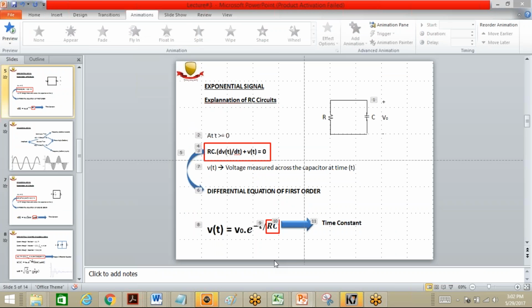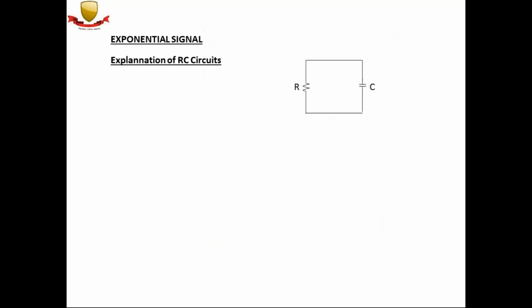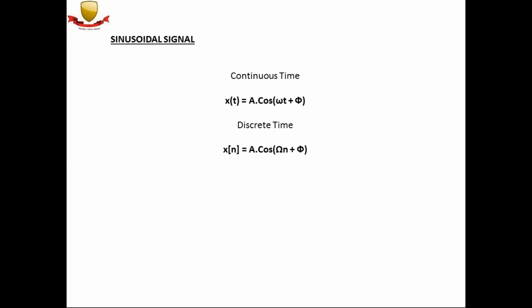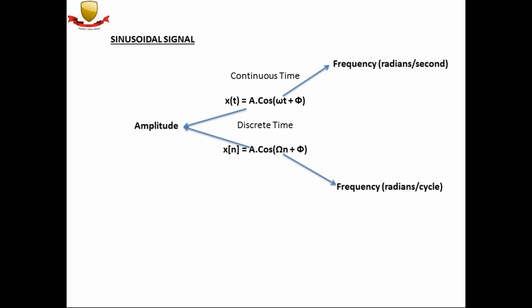Fine. Now let's move ahead. This is what I have just explained to you. Now something about sinusoidal signals. I'm sure some of you might have an idea about that. In terms of continuous time signals, these are written as x(t) equals A cos(omega t plus phi). And in case of discrete time, it is x[n] equals A cos(omega n plus phi), where A is the amplitude and omega is the frequency.